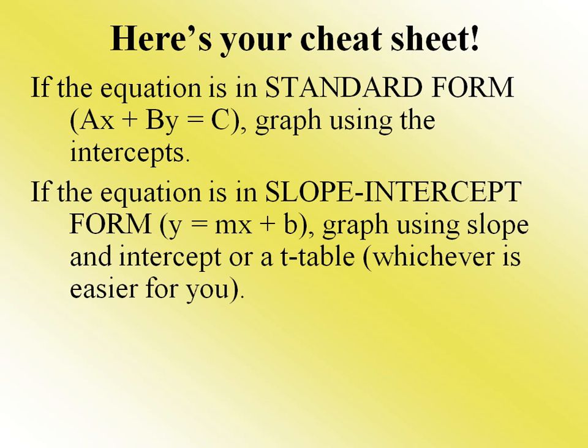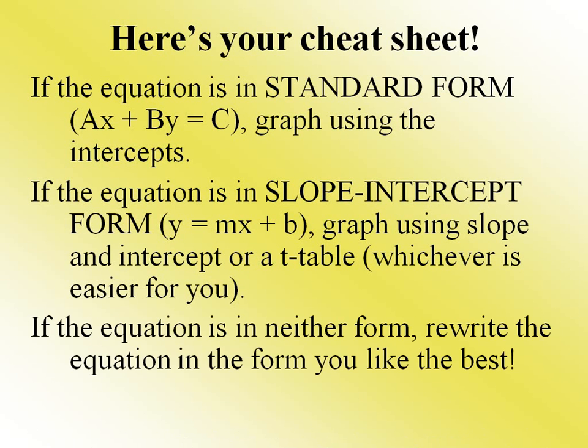If the equation is in slope-intercept form, meaning y equals mx plus b, then graph using slope and intercept or a t-table, whichever is easiest for you. Next, if the equation is in neither form, rewrite the equation in the form you prefer. I prefer the slope-intercept form, so that's what I will be using in this presentation.